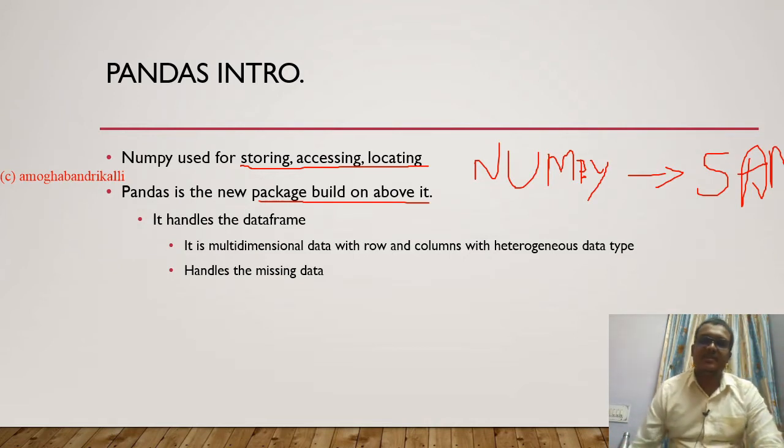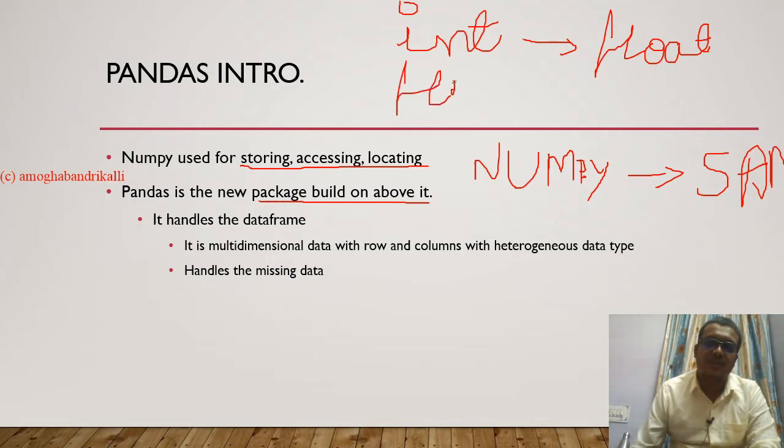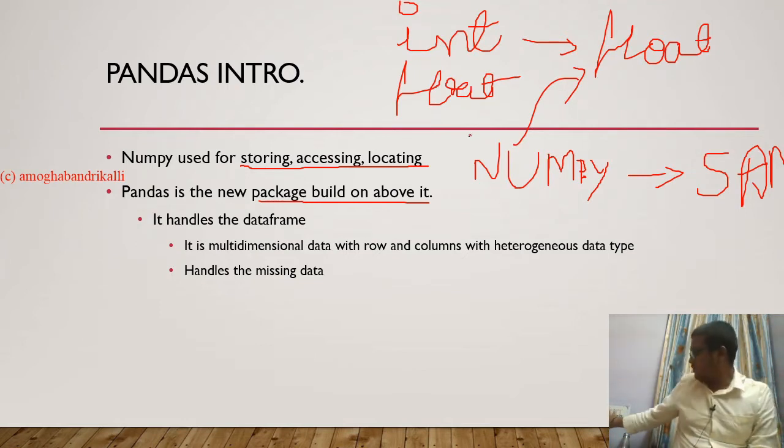The elements inside a NumPy array should have the same data type. If you give a combination of int and float, it will convert everything to float itself.